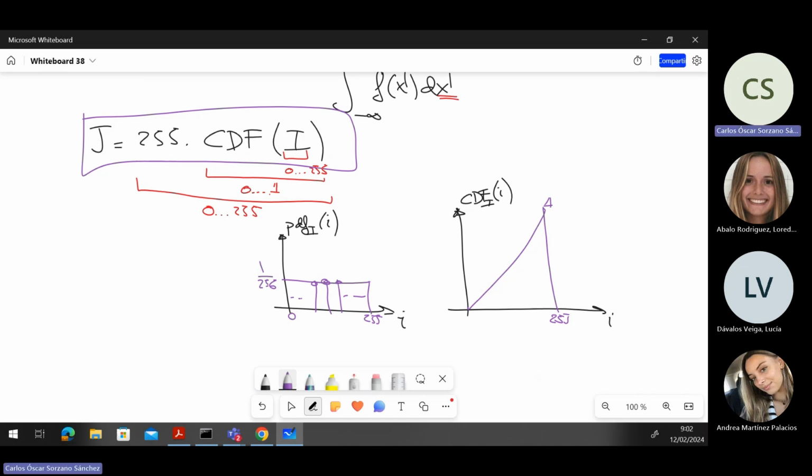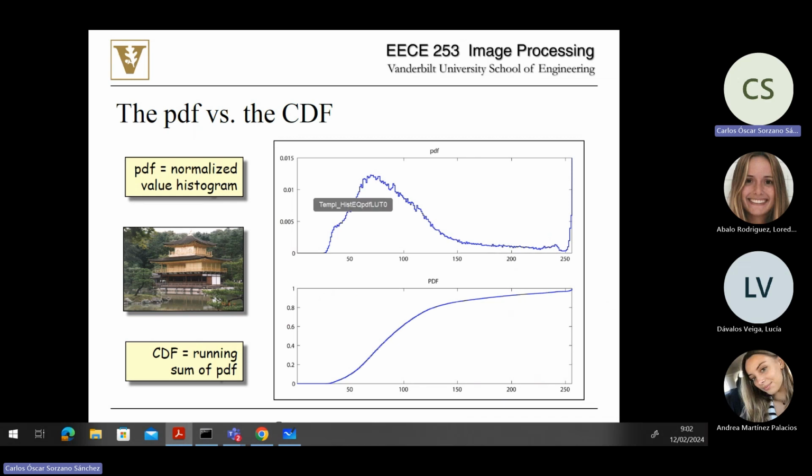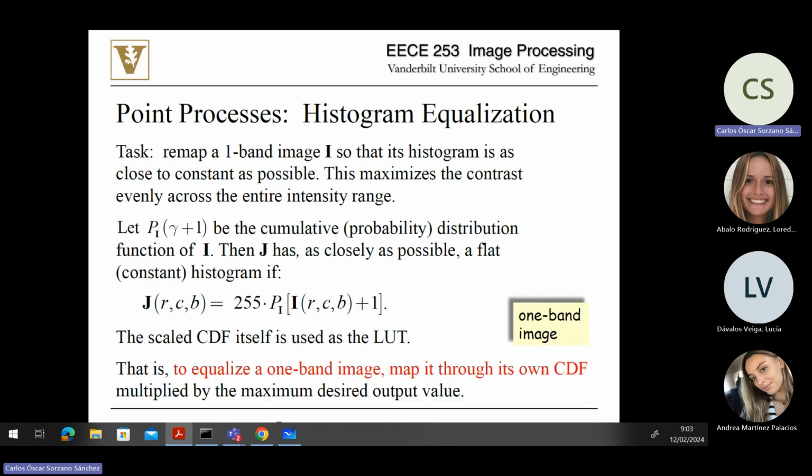It will not completely succeed, because not all the values are equally likely, so there will be jumps, and these jumps make the output not exactly uniform. Okay, so let's see the effect. Now we will use this as the transformation, and we have to scale it back to 0 to 255, but that's fine.